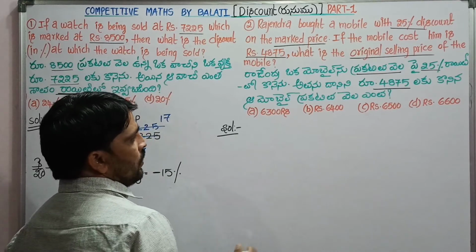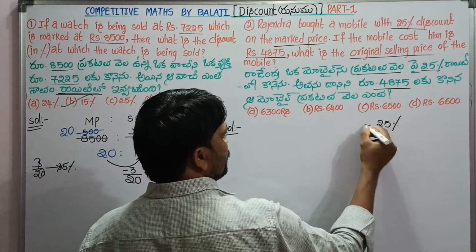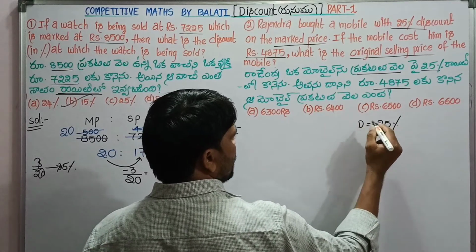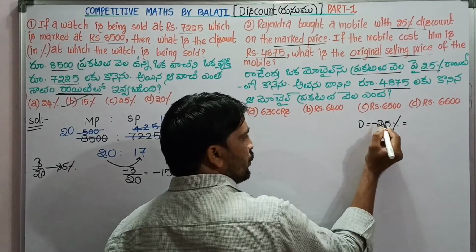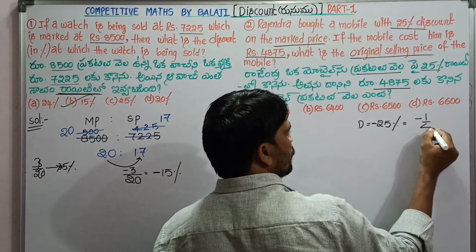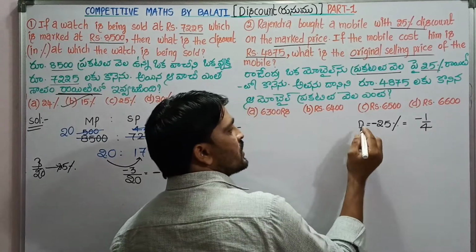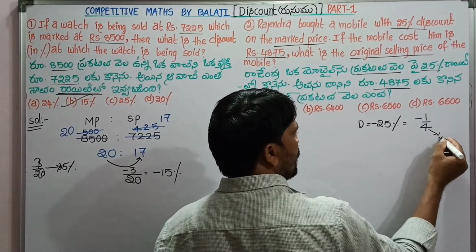Yes. Given that discount is 25%. Since it is discount, that means it is reduction, we use negative symbol. 25% fraction value is 1 by 4. And we know that discount is always allowed on market price. So base must be market price.